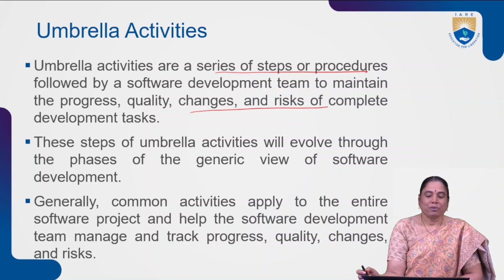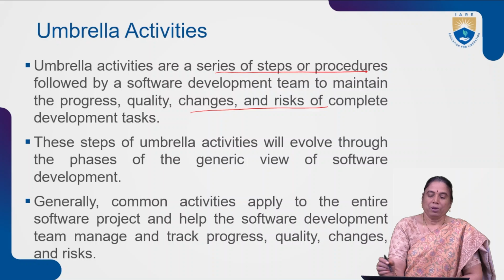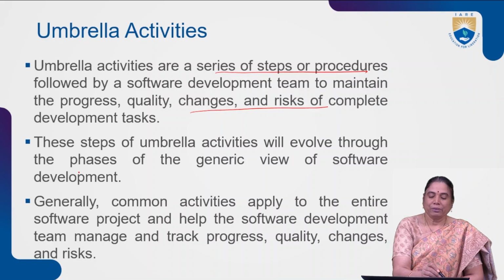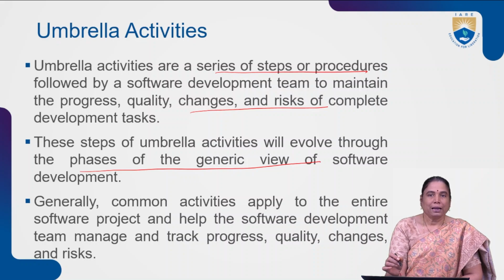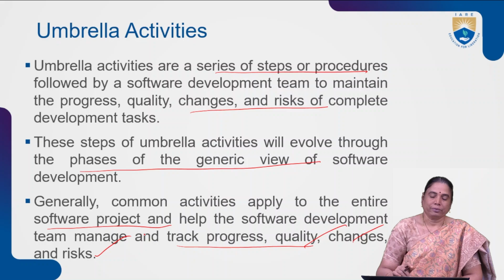These steps of umbrella activities evolve through the phases of the generic view of software development. Generally, these common activities apply to the entire software project and help the software development team manage and track progress, quality, changes, and the risks.